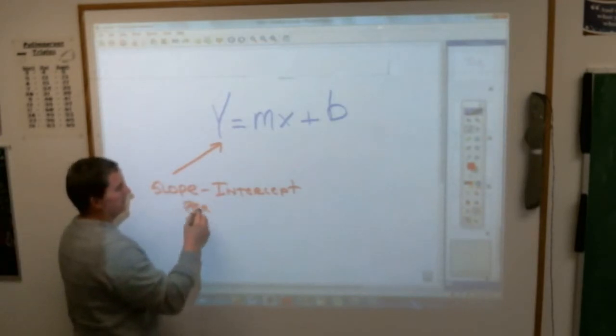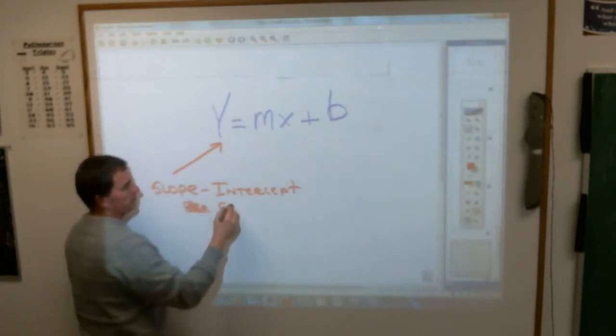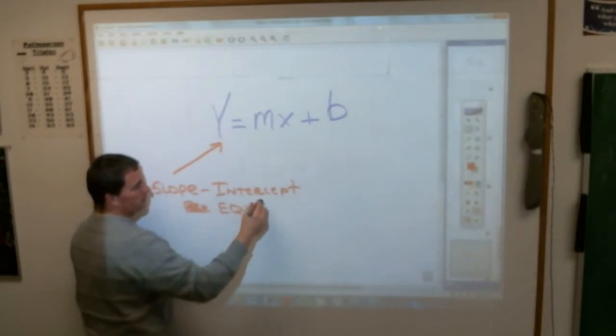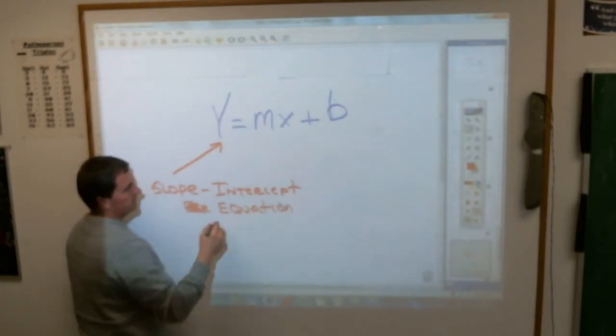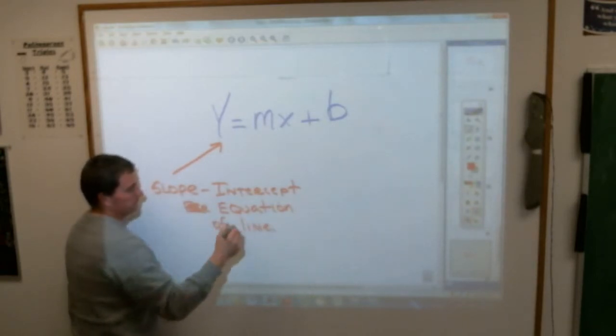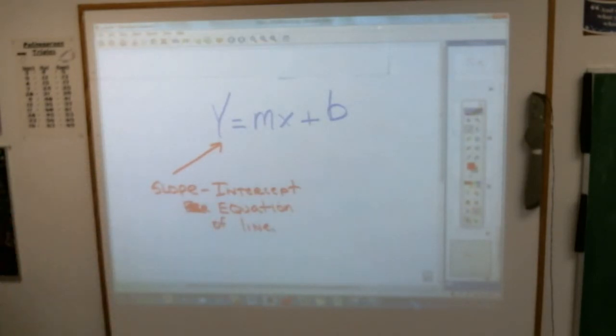I guess let's just call the book this: slope-intercept equation of a line. Write that down, and then we're going to talk here.